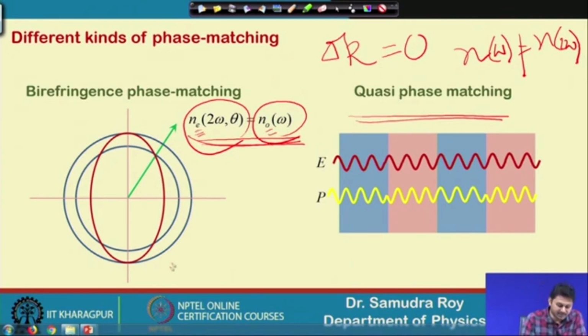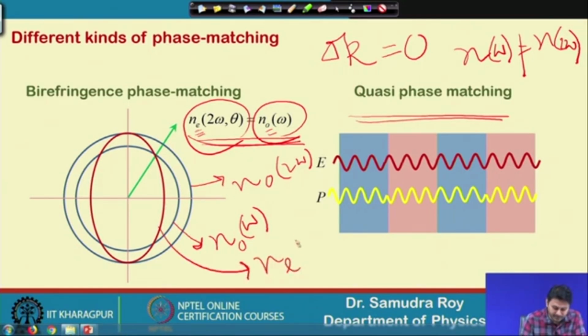This curve is a circle. That is the refractive index of the ordinary ray at frequency omega. This is the refractive index of the ordinary wave at frequency 2 omega, but this n e will change as a function of theta.